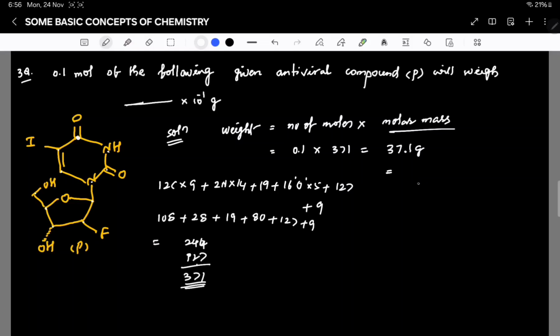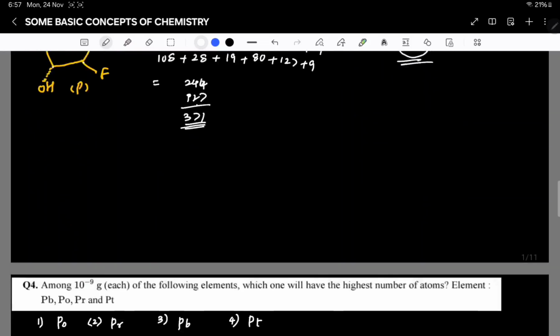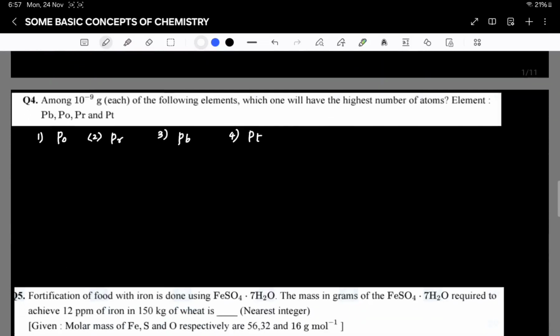But the given question is dash into 10 power minus 1, so I can write this as 371 into 10 power minus 1. Our answer is what, student? 371 into 10 power minus 1, right? Clear, student? Next we will move to the next question.